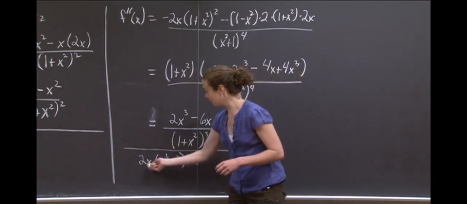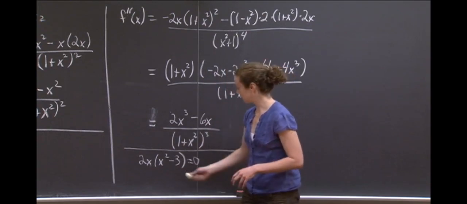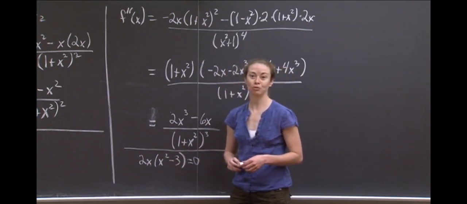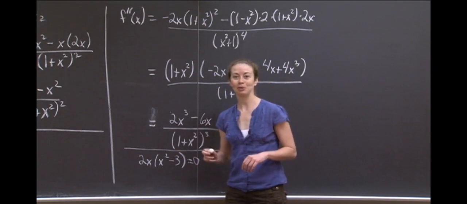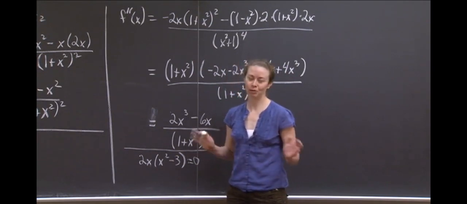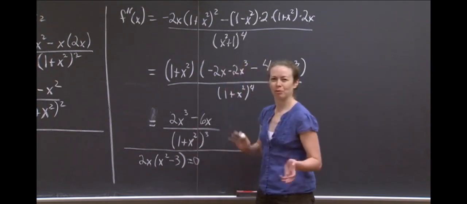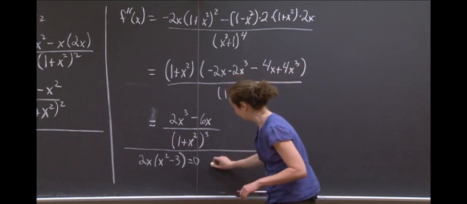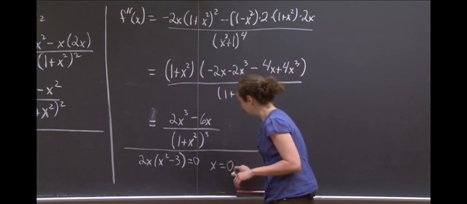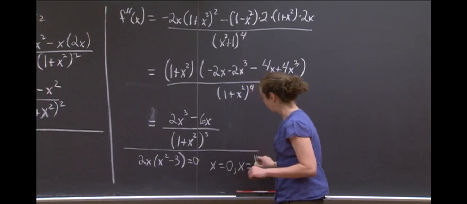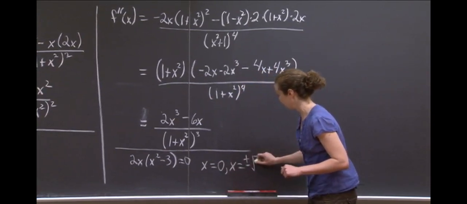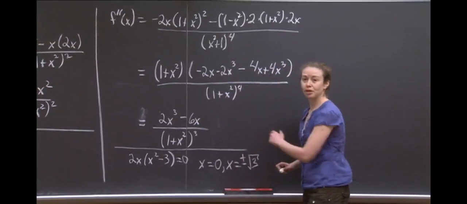It's going to be equal to 0 at x equals 0, and it's going to be equal to 0 at plus or minus root 3, which is sort of unfortunate that we don't know exactly where that is, but we know it's between 1 and 2. I think it's about 1.7 or something like this. So we know we're interested in the point x equals 0 and the points x equals plus or minus the square root of 3. So these are our places of interest.